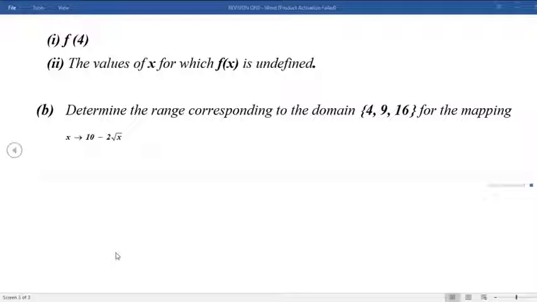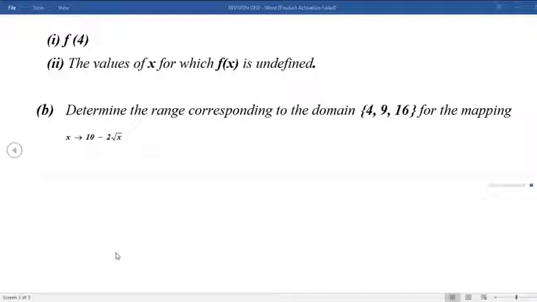Now when x is equal to 4, what do I get for the value of this when I put x into this? So 10 minus 2 into square root of x will equal 10 minus 2 into square root of 4.